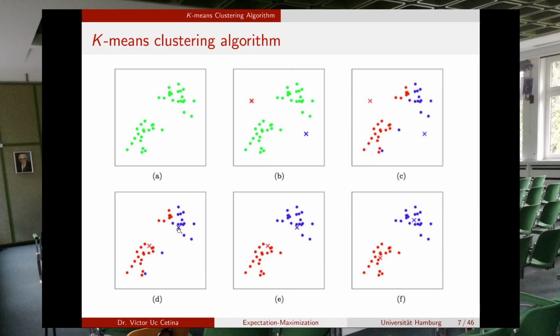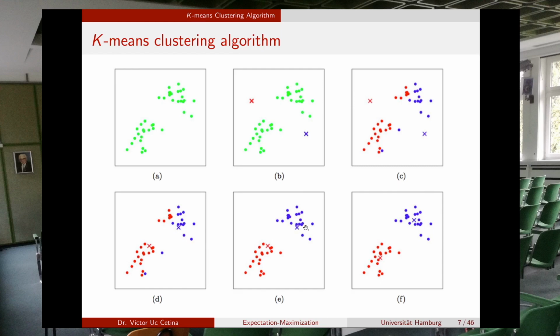Then again you assign the points to the closest centroid. By doing that, now you will see that all these points here are closer to the blue centroid, and that's why these red points here become blue. And the same happens with these, and these two blue points now become red because they are closer to the red cross than to the blue cross.